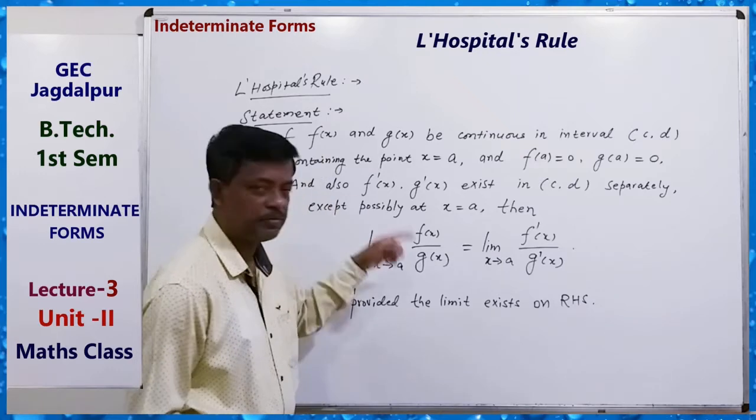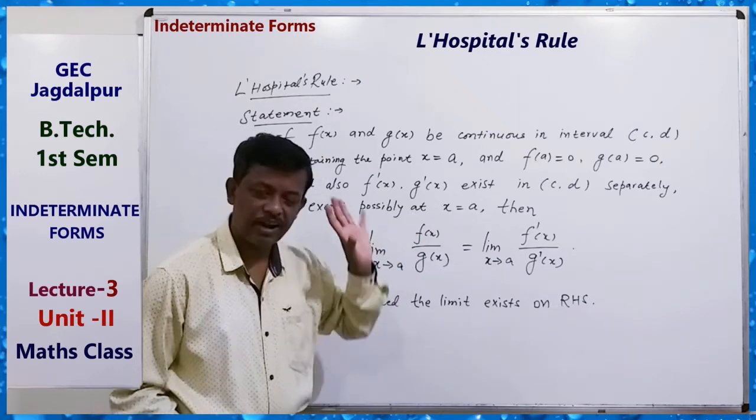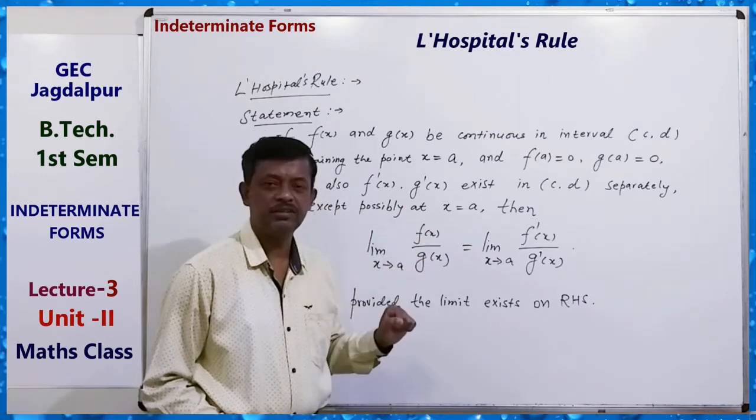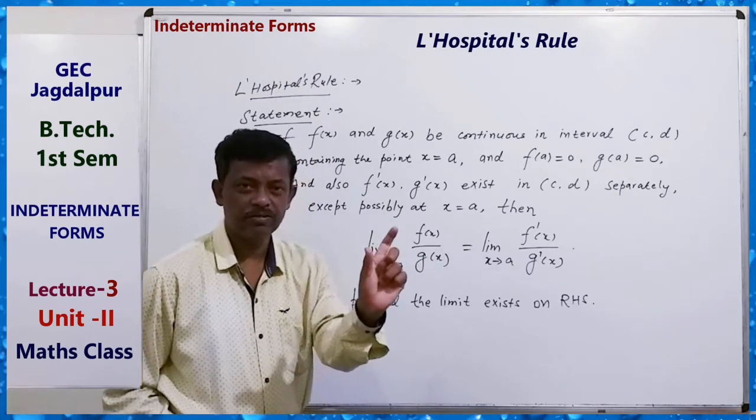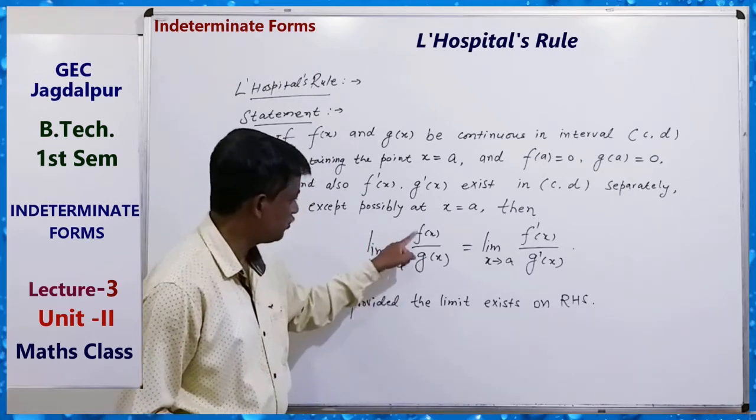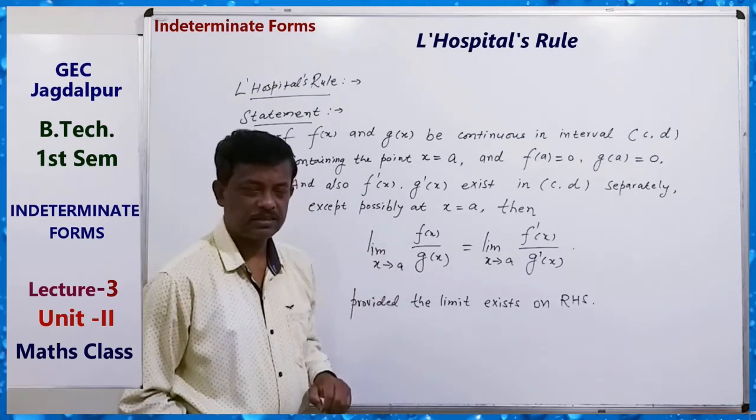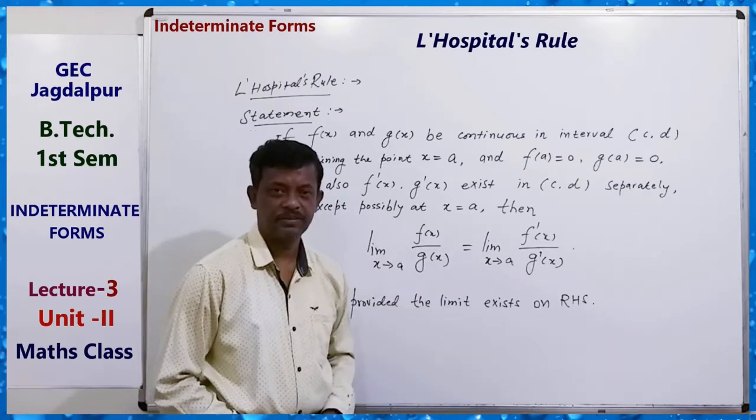So this is an indeterminate form, and we can approximate its value as a limiting value. So the limit as x tends to a of f(x) by g(x) is given by this.